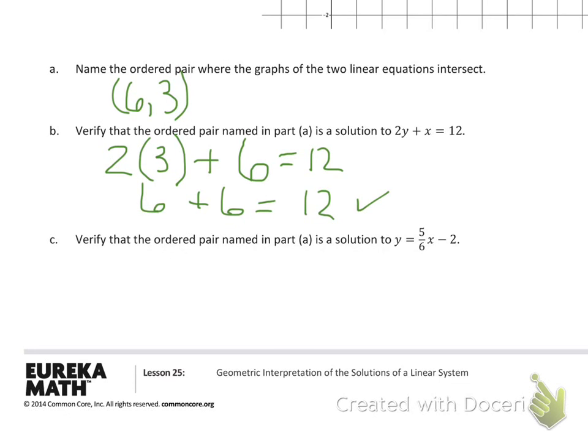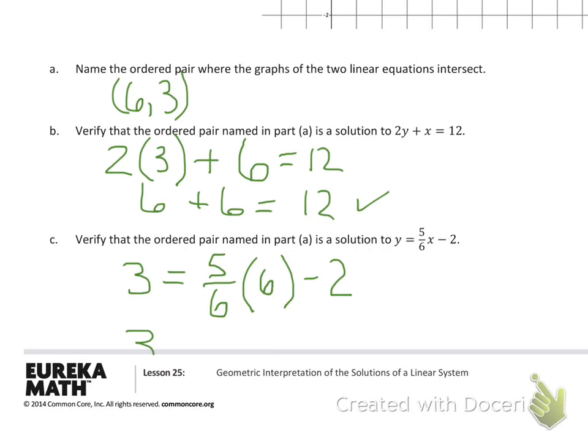So now we'll verify that it's a solution to the second equation. For y equals 5/6 x minus 2, we'll put in 3 for y is equal to 5/6 times our x value. Remember, here's our x value of 6, times 6 minus 2.